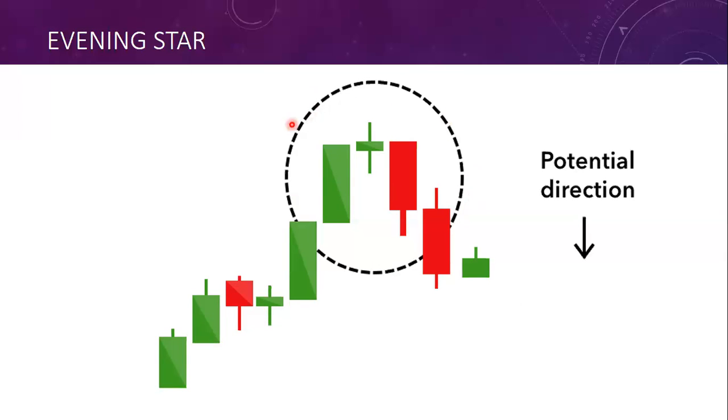When I see these three candles together on the top of the market, it gives me a strong signal that the price will change from up and start to go down. Evening star.